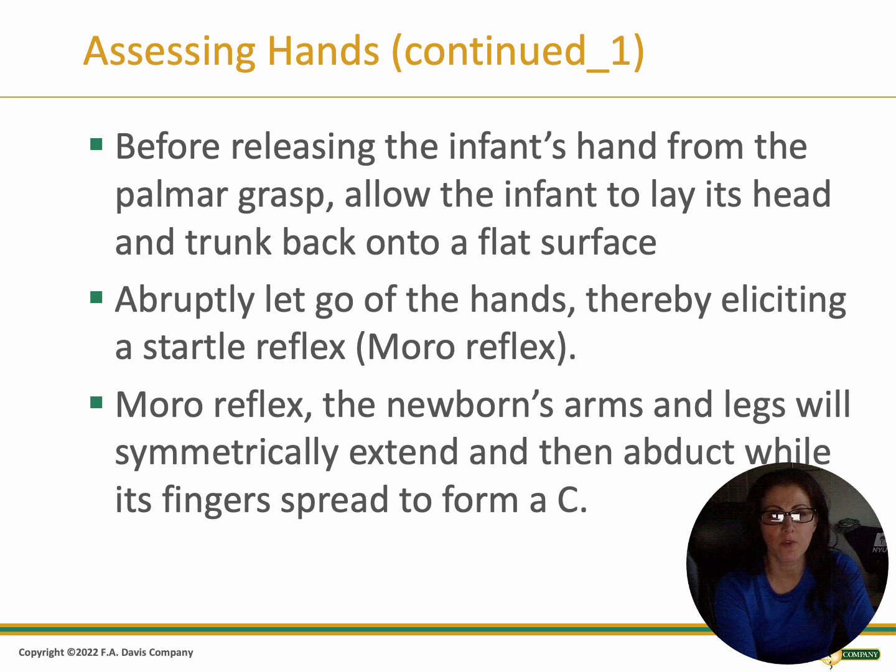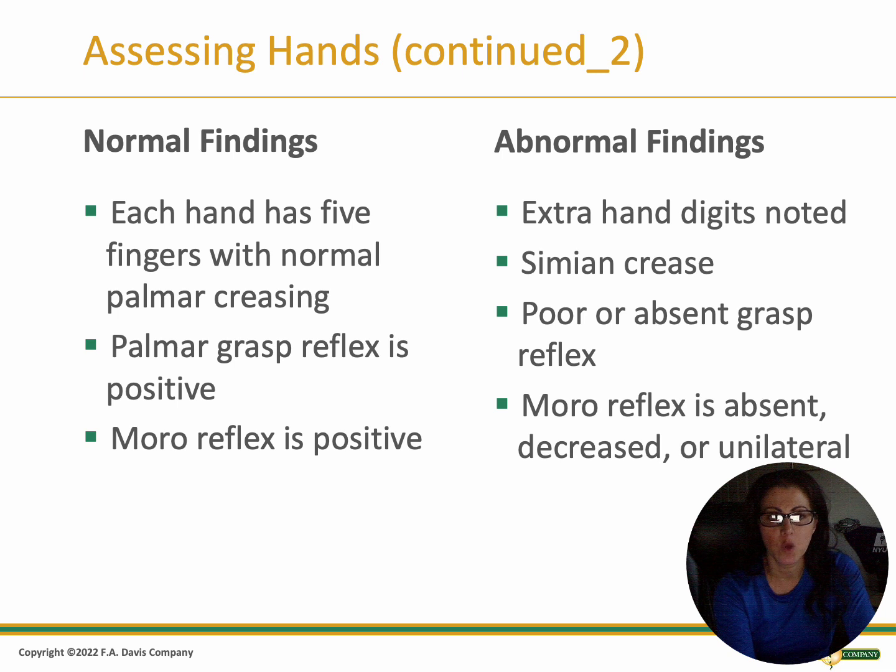Before releasing the infant's hands from the palmar grasp, allow the infant to lay its head and trunk back onto the flat surface and then abruptly let go. At that time you can also assess the startle reflex, also called the Moro reflex. Normal findings include palmar grasp is positive, Moro reflex is positive, and there should be normal creasing within their hands.